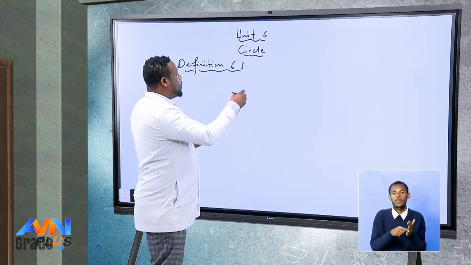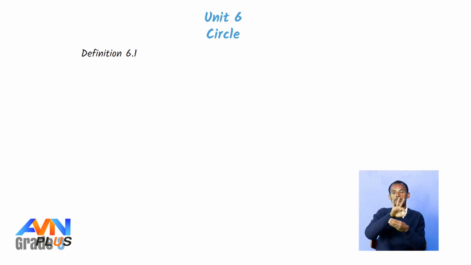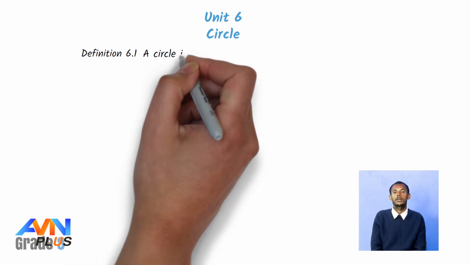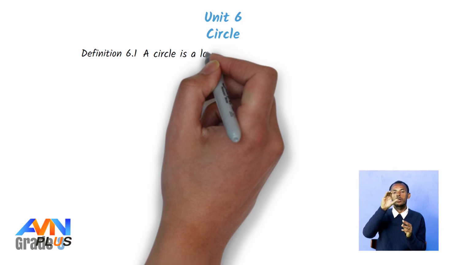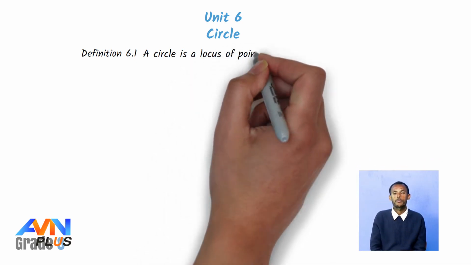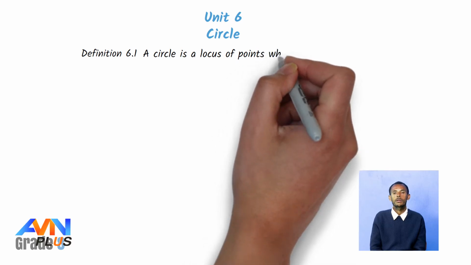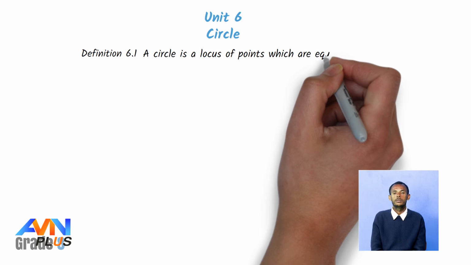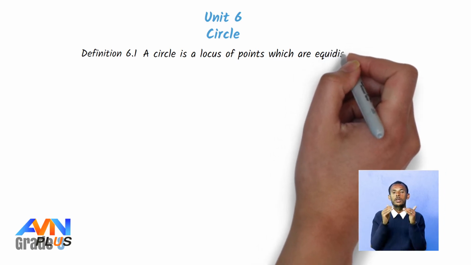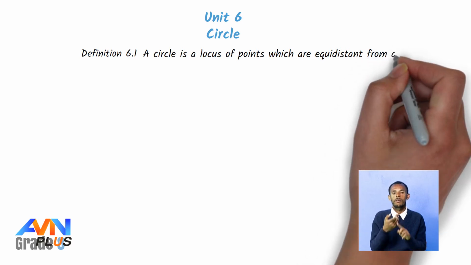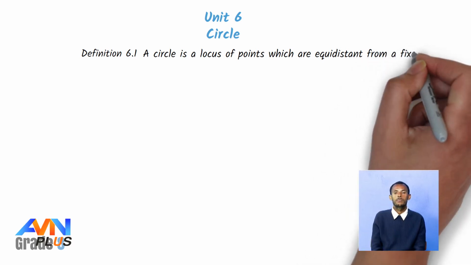Okay, so a circle is a locus of points which are equidistant from a fixed point.